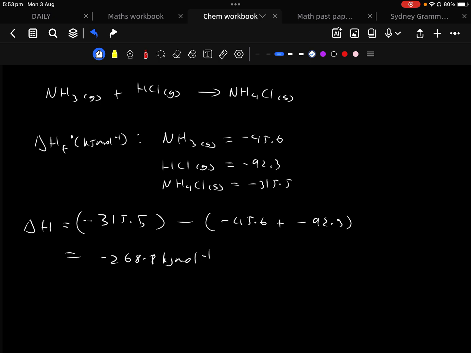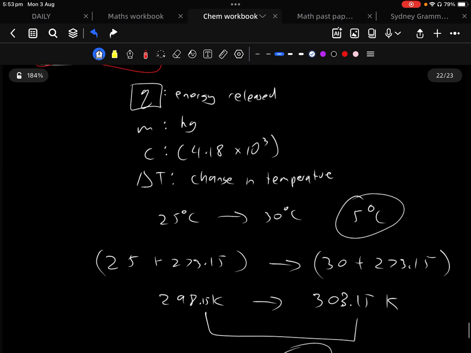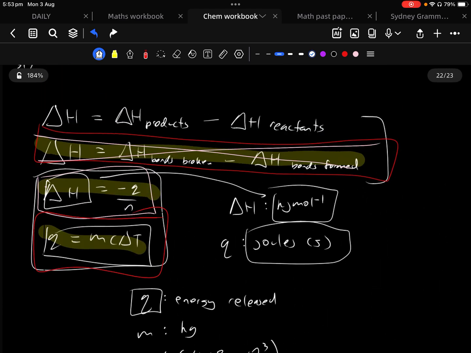Wait, I typed the calculator wrong. Which gives us 177.6 kilojoules per mole. And that's how you calculate delta H, knowing the delta H of formation of products and reactants. So these are the formulas you need to know for calculating enthalpy.